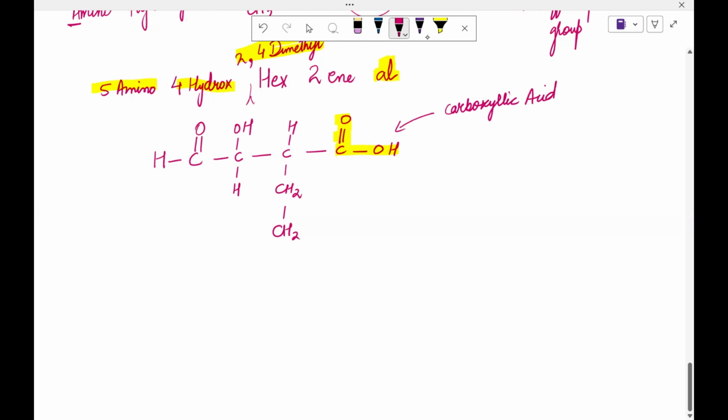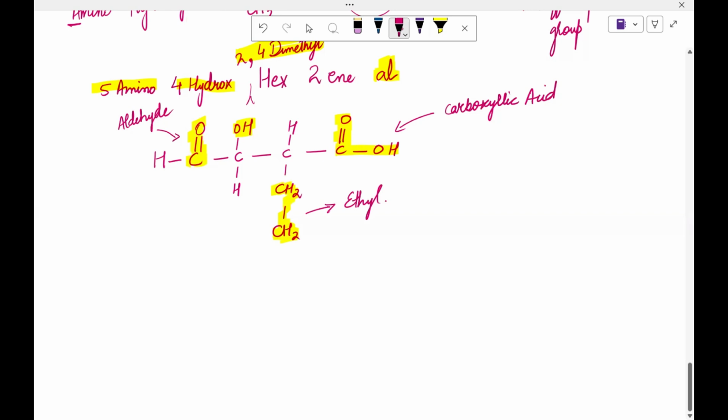Now this is the hydroxy group. And what is this group called? Yes, this is aldehyde. Shabash. And now this group is ethyl.